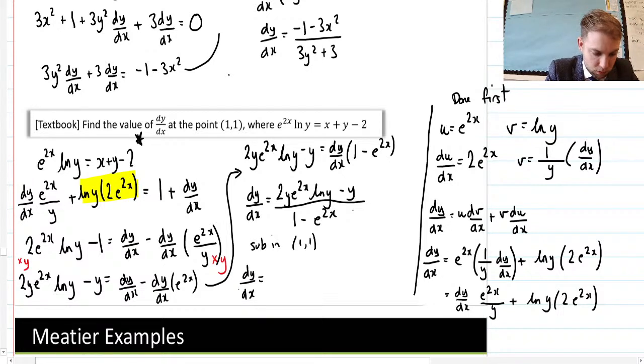So, fraction button first. 2 times by 1 shift e to the power of 2 times by 1, close that bracket, ln of 1 minus 1 all over 1 minus shift e to the 2 times 1.